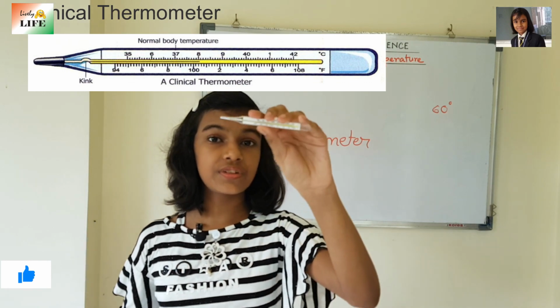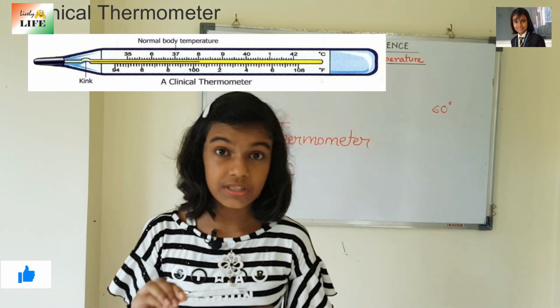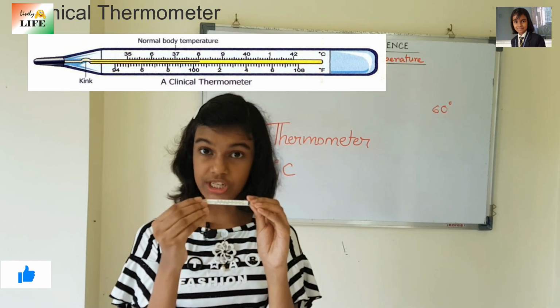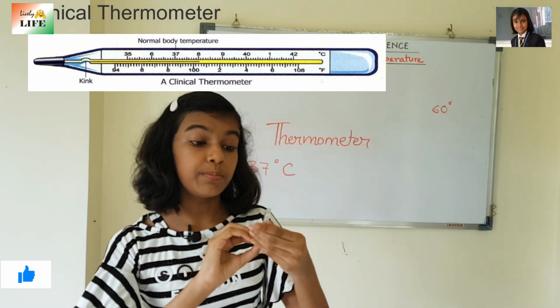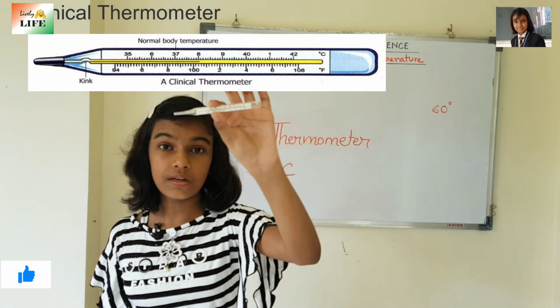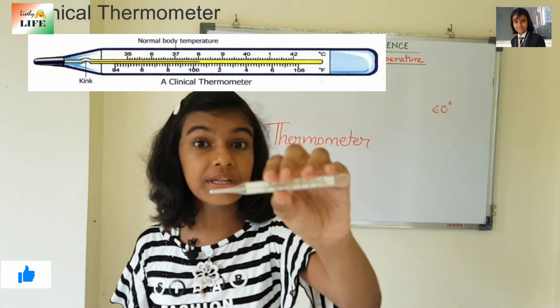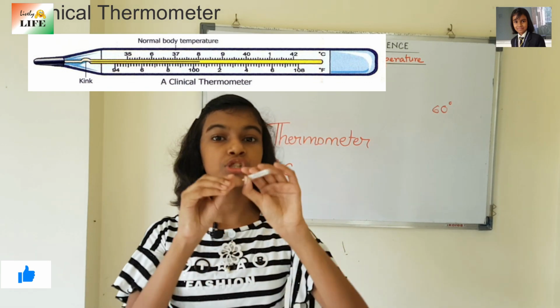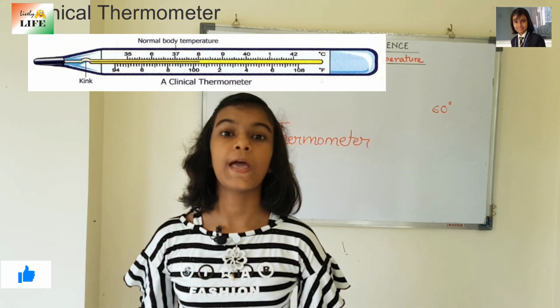This is the range of the clinical thermometer. You cannot measure anything which has a temperature below 35 degrees Celsius or above 42 degrees Celsius. You can only measure human temperature in the range of 35 degrees Celsius to 42 degrees Celsius.